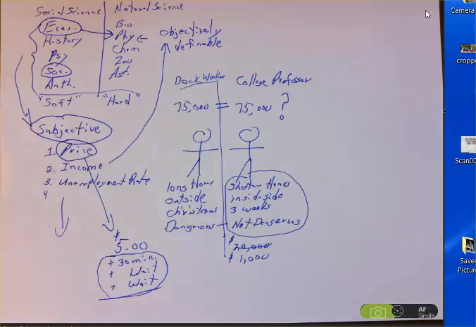So, to sum this up, economics is a social science. It's about the study of human behavior, and like all social sciences, the variables that we study in economics are subjective. But unlike other social sciences, economic variables have the illusion of being objective because they have numbers attached to them.